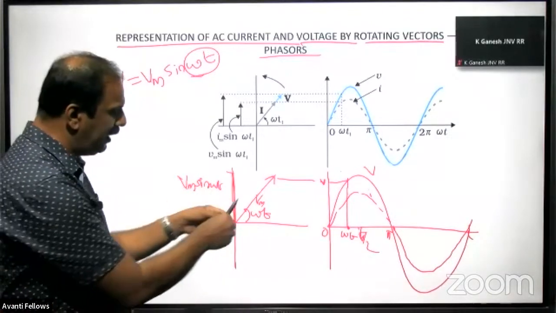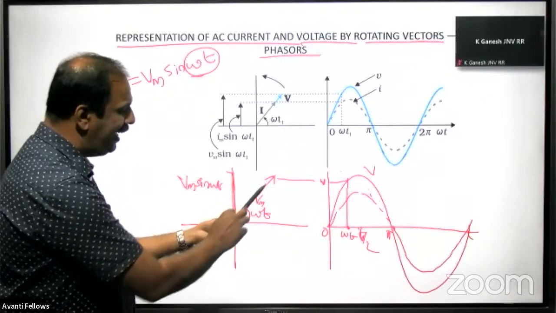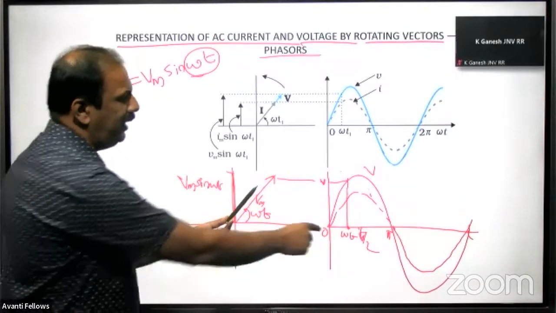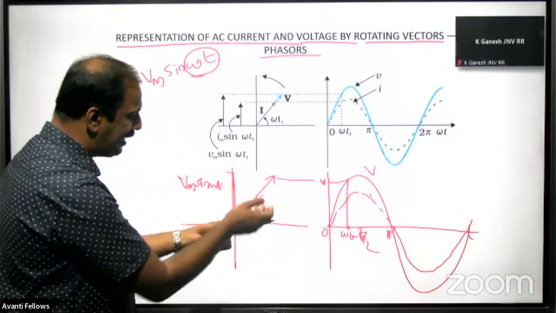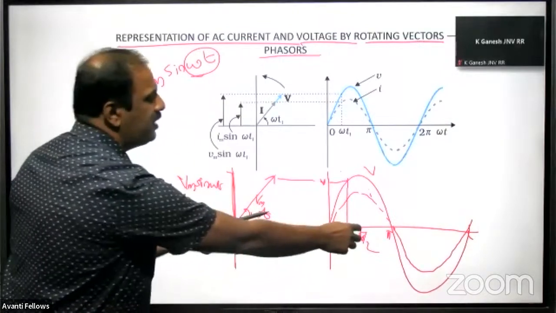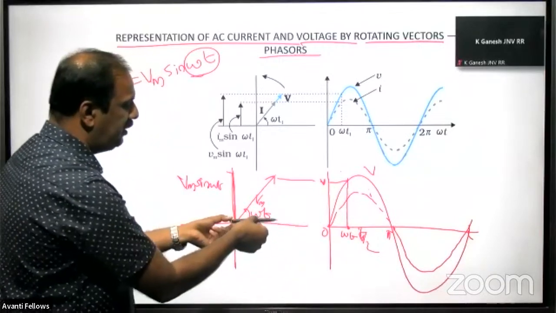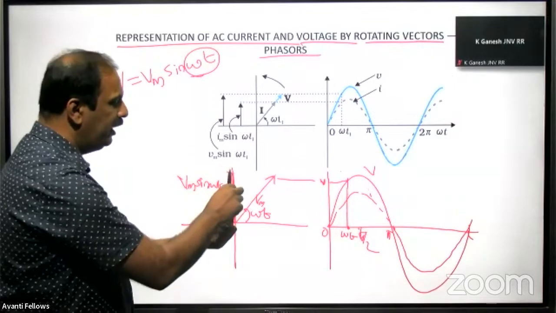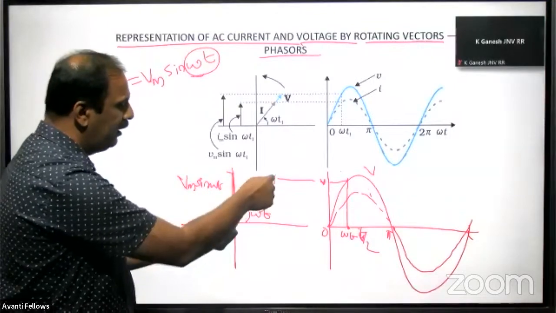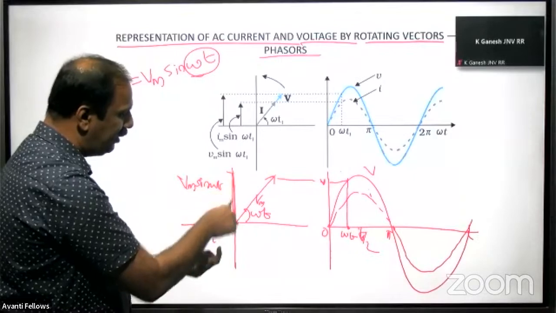You have a vector like this, and the length of this one is Vm. Initially, when omega t is 0, it is like this, and its height is 0. When it reaches 90 degrees, it turns up to here. So we have the full length, V is equal to Vm. In between, if you take any angle, that height we will get on this line.